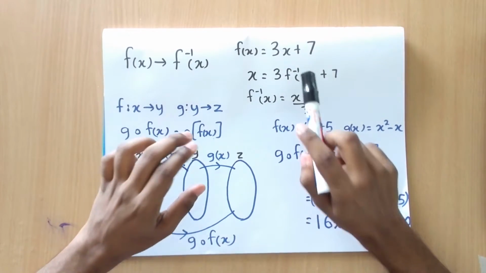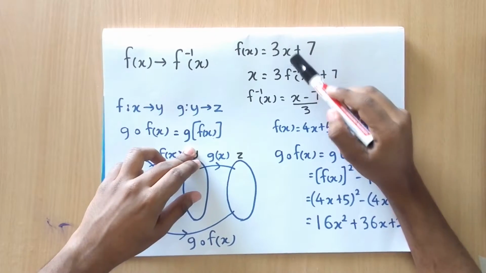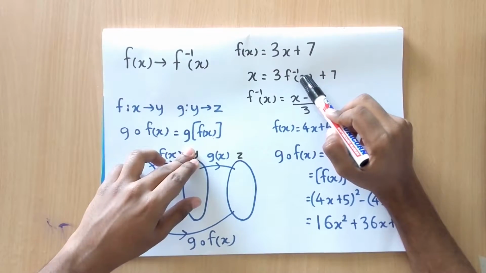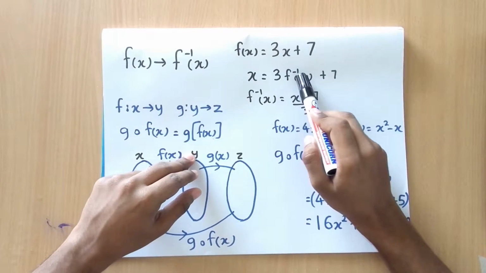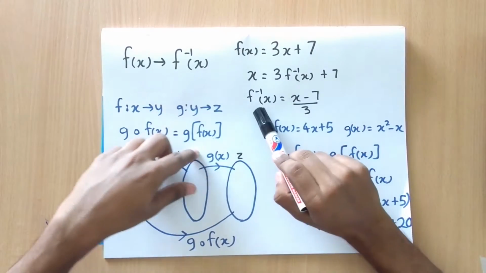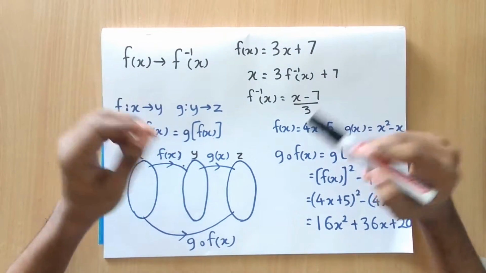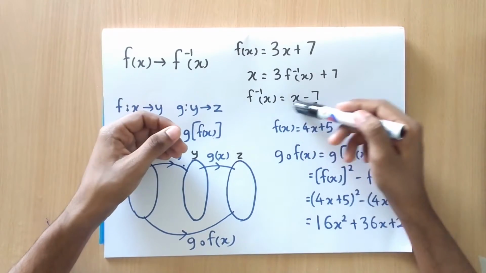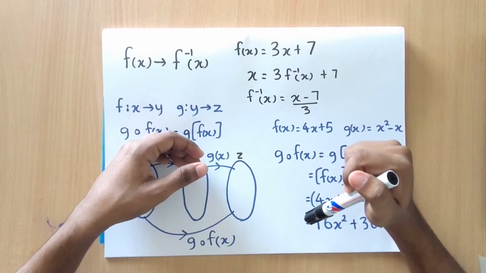First, we substitute f(x) by x and x by f inverse of x. Then the second step, we make f inverse x the subject. So x minus 7 divided by 3. So f inverse x would be x minus 7 divided by 3. Finally, this is the inverse of the function f(x).